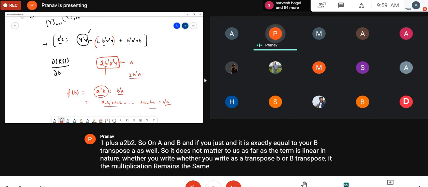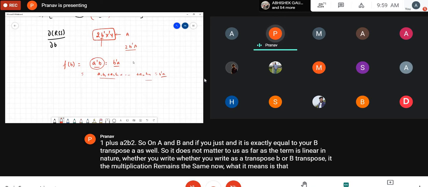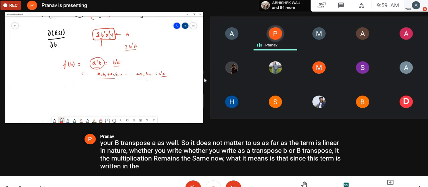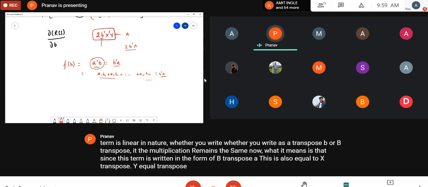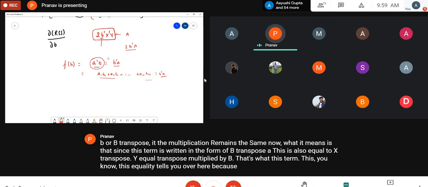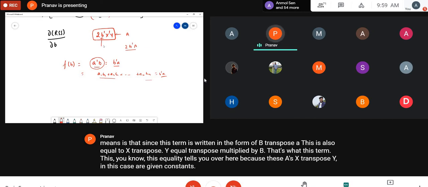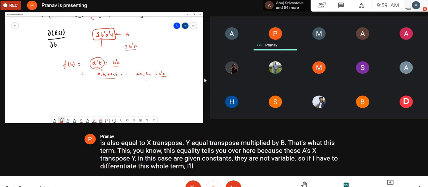Now, since this term is written in the form of b transpose a, this is also equal to x transpose y, the whole transposed, multiplied by b. That's what this equality tells you over here. Because these a's, x transpose y in this case, are given constants. They are not variable. So if I have to differentiate this whole term, I'll differentiate each of the terms with respect to b.